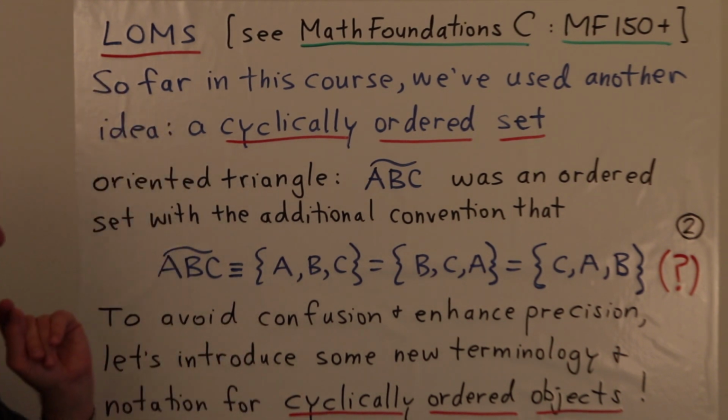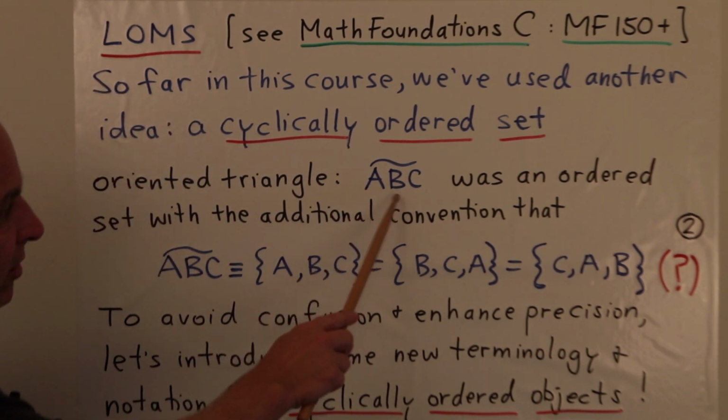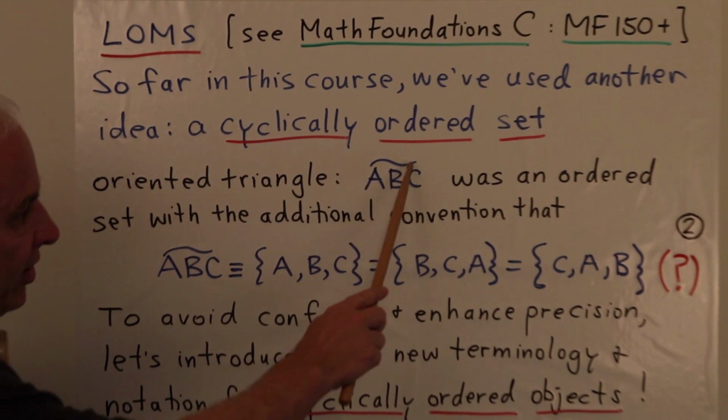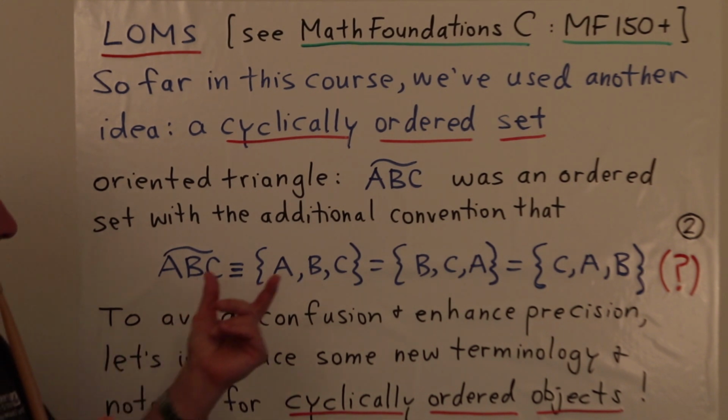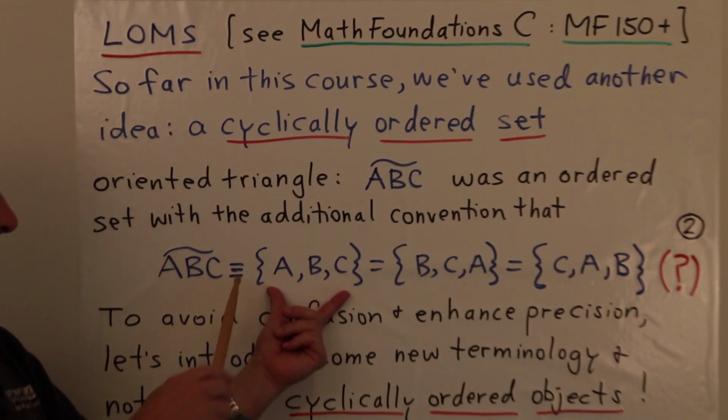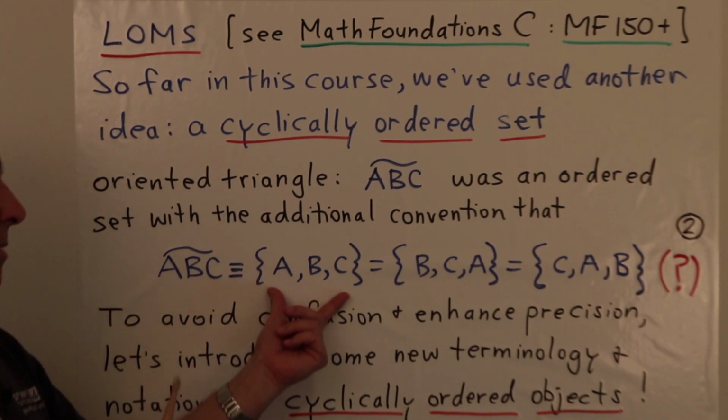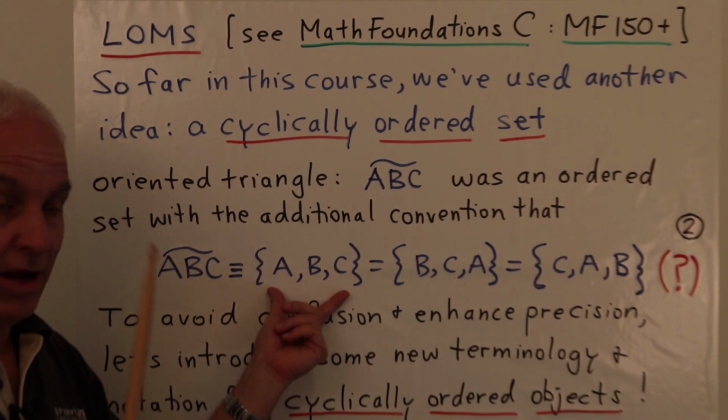I remind you that when we introduced the idea of an oriented triangle, like ABC, with this tilde convention, we said that this was essentially an ordered set, like A, B, C, with 3 elements, each of those elements being an affine point.